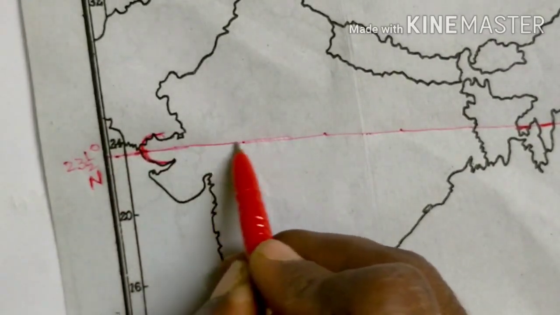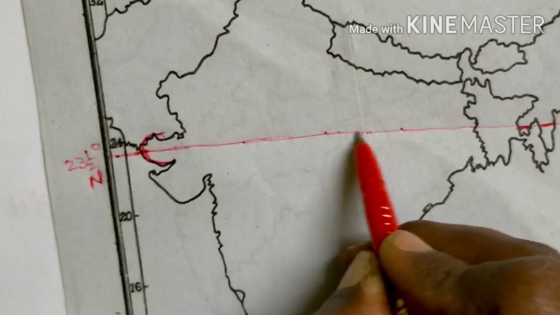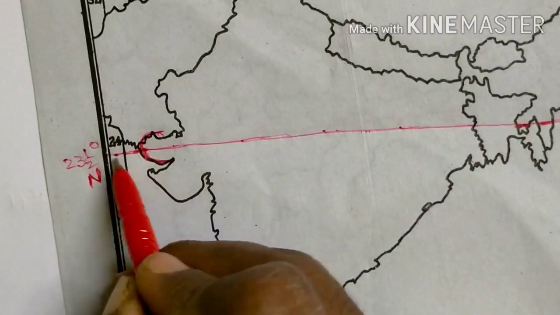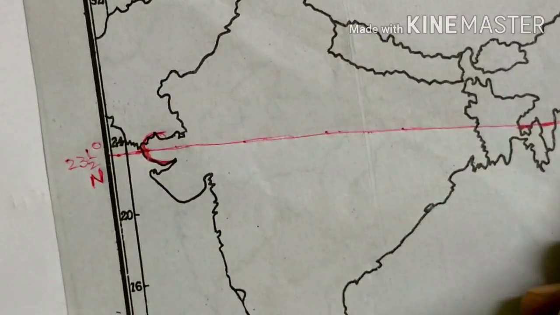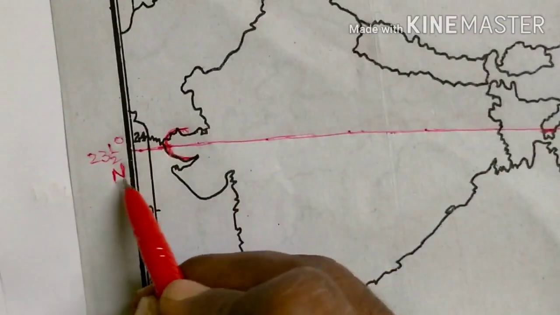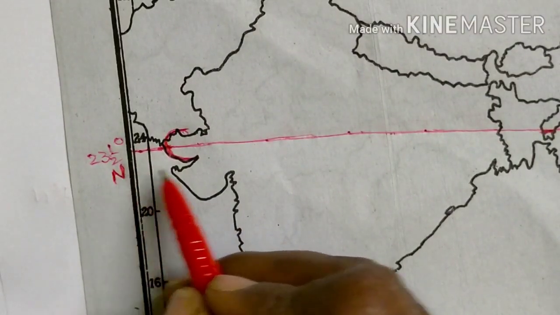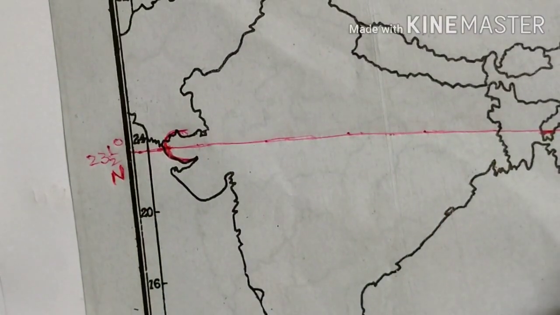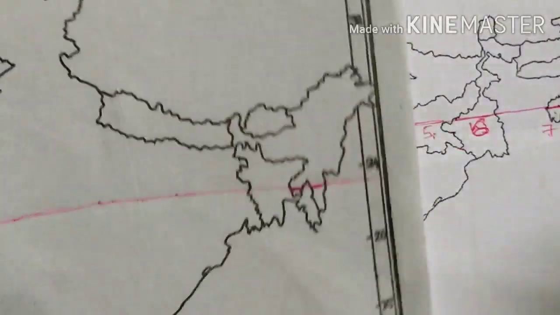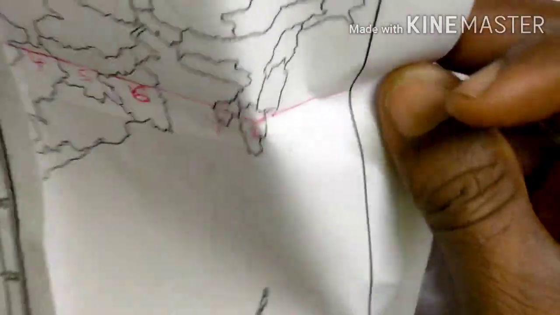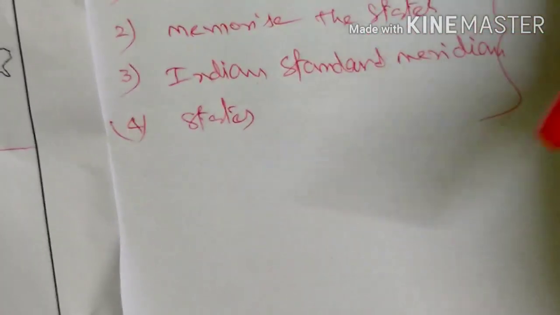Next you join these three small lines with a big line, then it will form a straight line, that is 23 and half degrees north latitude, that is Tropic of Cancer. Next, how to remember these 8 states in a sequence.